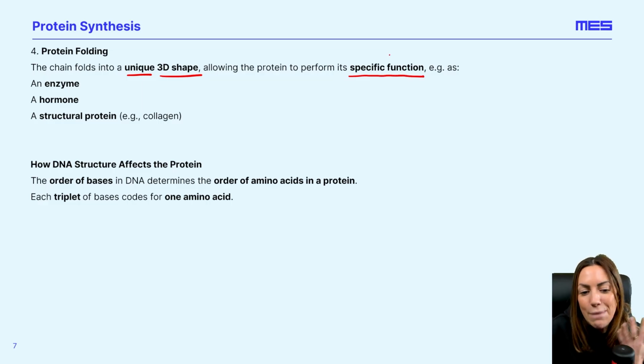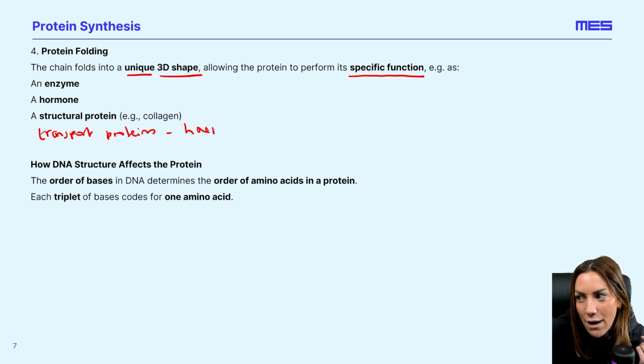Now, you've already learned about lots of proteins on your specification, whether you've realized it or not, right? Enzymes are proteins, hormones are proteins. We have structural proteins such as collagen or keratin or elastin. We even have transport proteins like hemoglobin, right? That transports oxygen in our red blood cells.